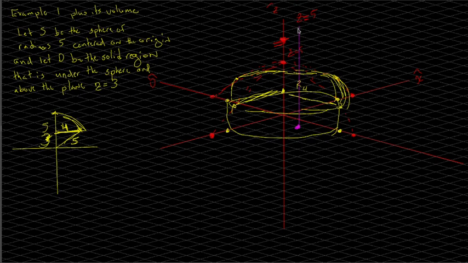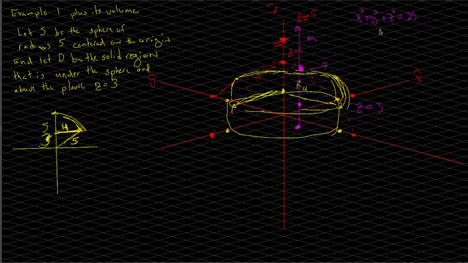And so this is M. When M punctures through the lower portion, z is going to equal 3. And when it punctures through the upper portion, that's when it's piercing through the sphere. Our equation for a sphere centered at the origin is x squared plus y squared plus z squared equals 25.